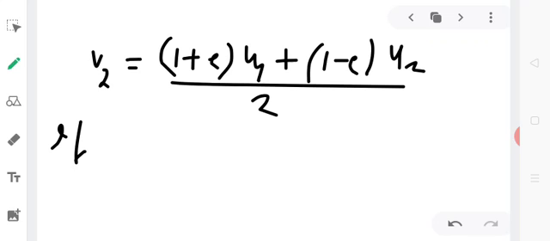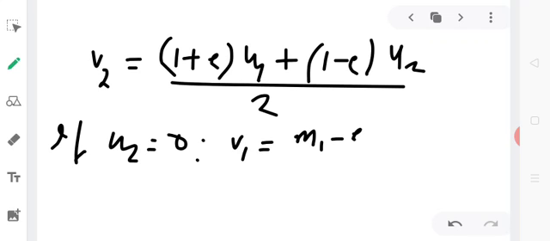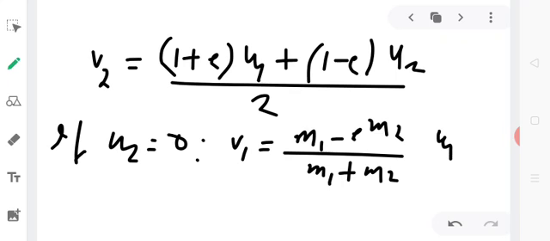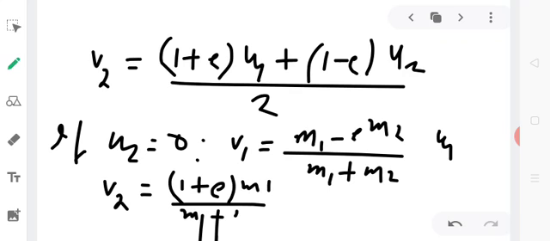Now if u2 is equal to 0, then we get v1 to be equal to (m1 minus e times m2) divided by (m1 plus m2) times u1, and v2 to be equal to (1 plus e) times m1 by (m1 plus m2) times u1.